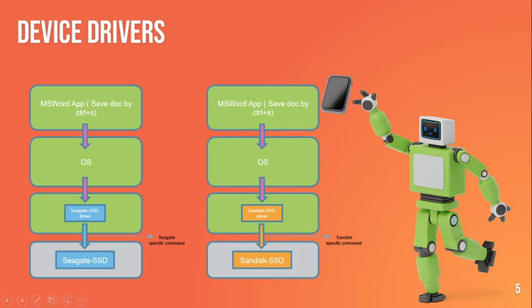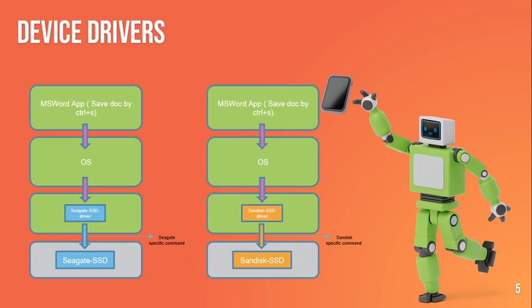Let's say we have to save a Microsoft Word document in both of the computers. To save it in both of the computers, we will press Control S, right? This Control S command goes to the operating system, and then to the device driver of that SSD on that computer.